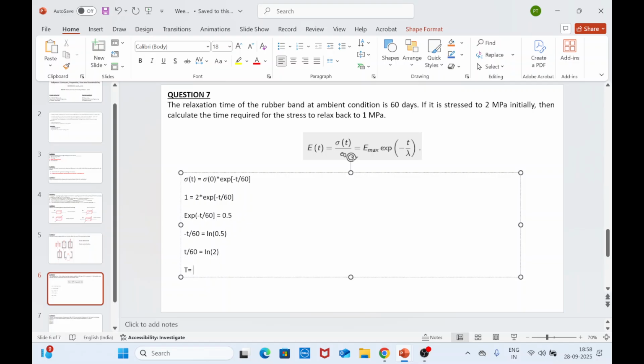So t equals 60 times ln 2. So 60 times ln of 2 is how much? 60 times 0.693.